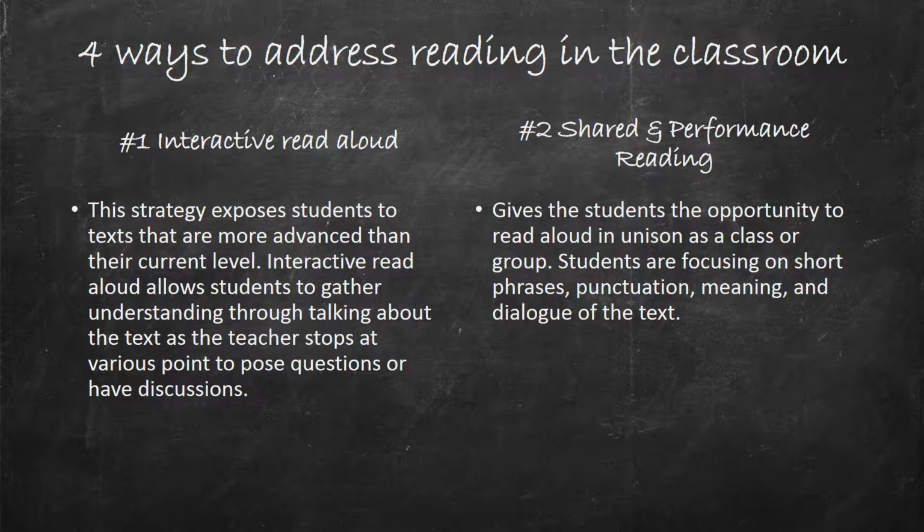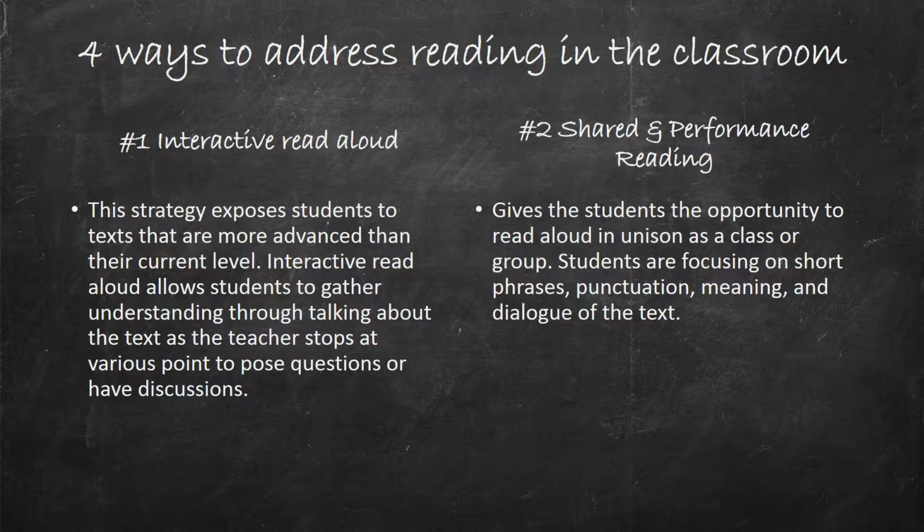In the book, Literacy Continuum, they break down 4 different ways to address reading in the classroom. This is how they suggest bringing the 12 elements of the system of strategic action and actually implementing them in the classroom.